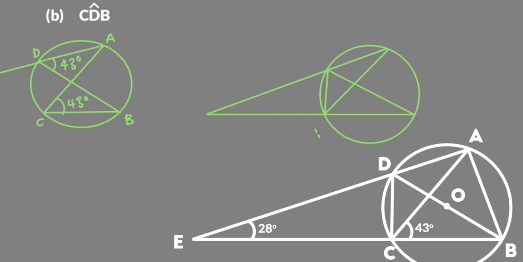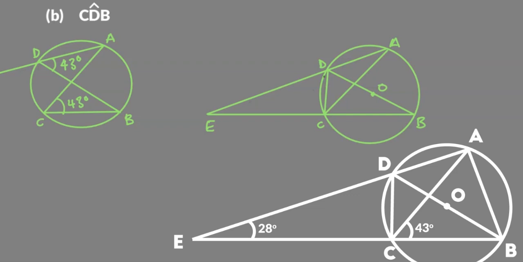Now if you look at this other diagram here, we've got E, D, A, B, and C. We've got a point O there, which shows DB is a diameter, because the point O is the center.